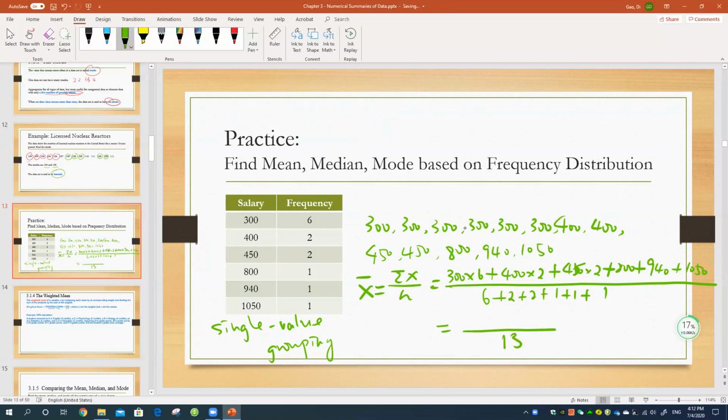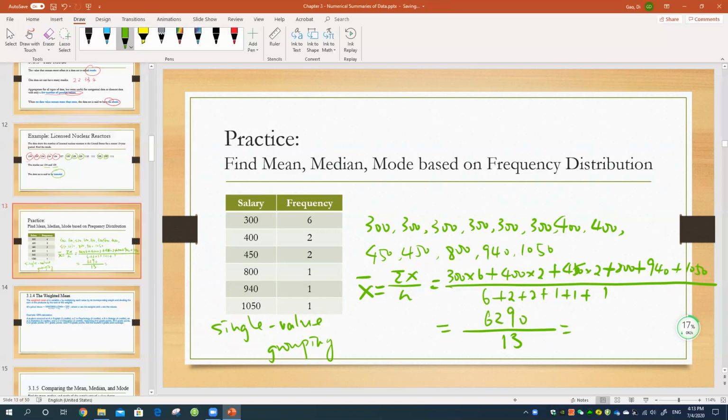Then that's 300 times 6 plus 800 plus 900 plus 1850 and plus 940. So 6290. That's the total, the sum.